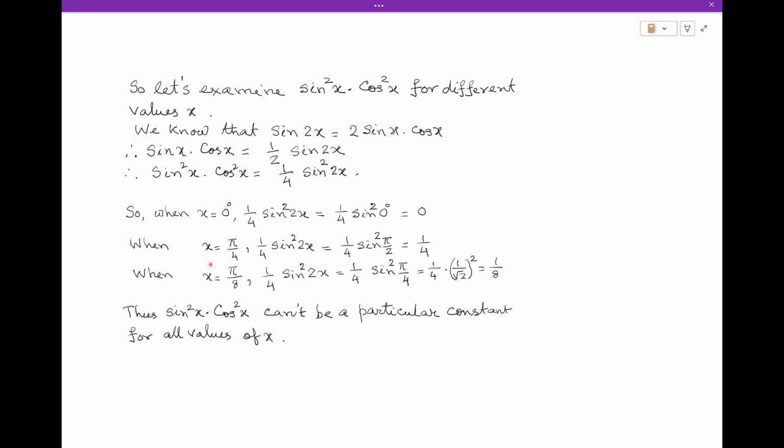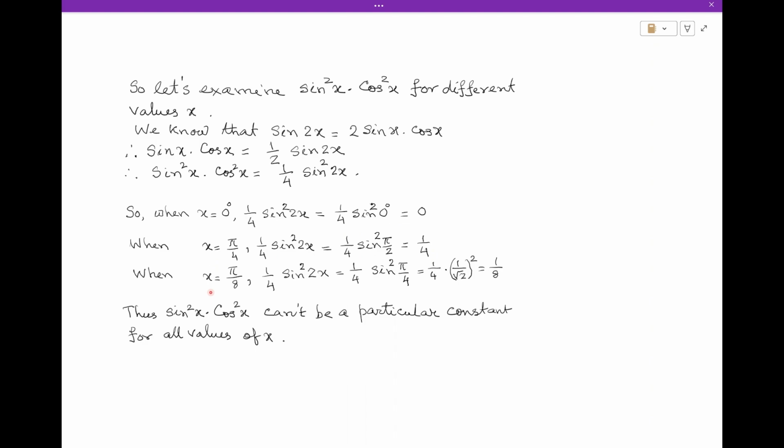Similarly, when x is equal to pi by 4, we have 1 by 4 sin square 2x is equal to 1 by 4 sin square pi by 2, and that is equal to 1 by 4 because sin pi by 2 is 1.